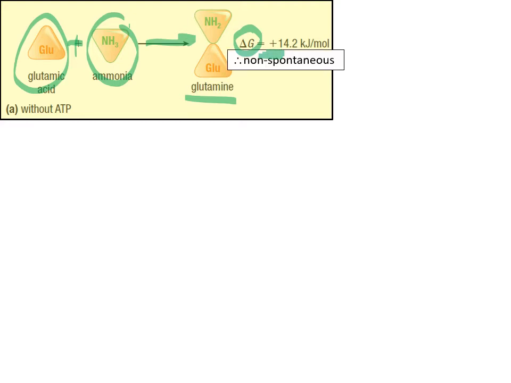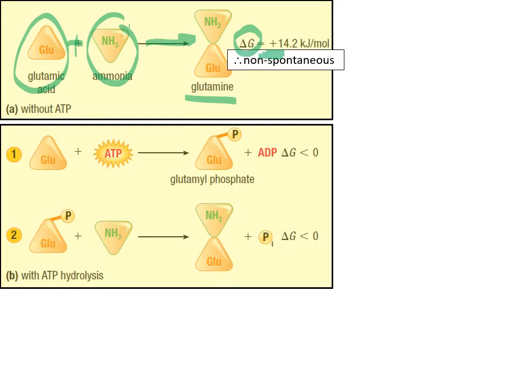So what we do is we say, okay, well, let's break it up into steps. And as long as each of the steps are spontaneous, we'll be able to carry out the reaction. So what we can do is take our glutamic acid and use ATP to phosphorylate it. And it turns out that that has a negative delta G, a negative free energy, which means it's a spontaneous reaction.